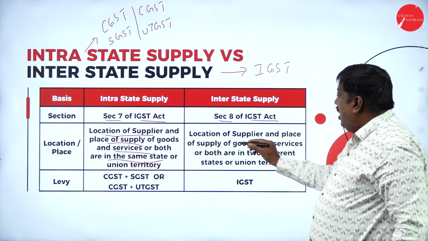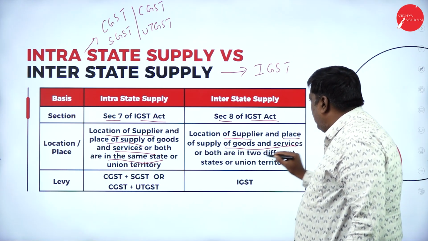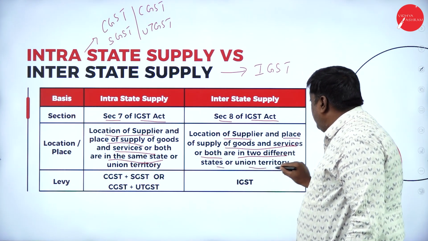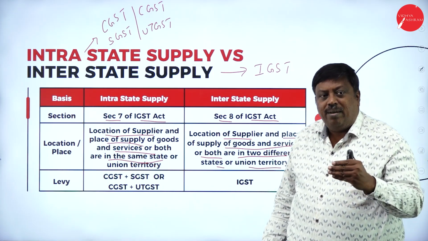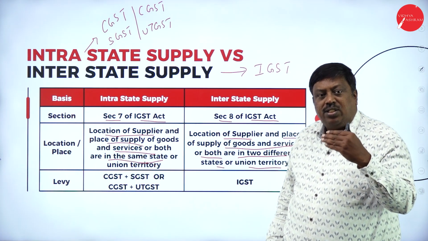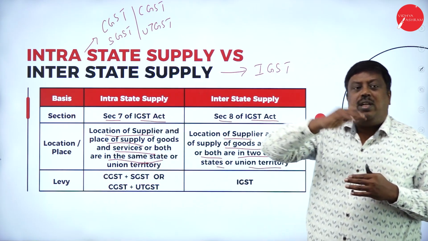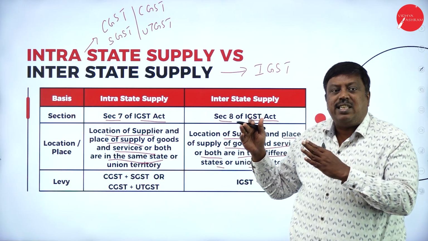And if the location of the supplier and the place of supply are in two different states or two different union territories, then it is called interstate supply.